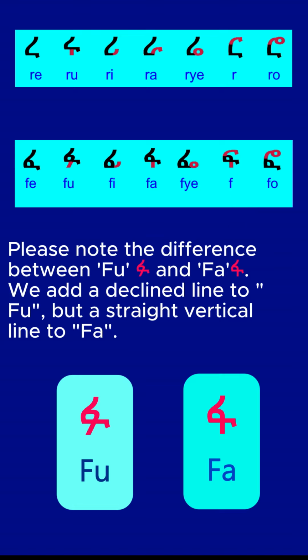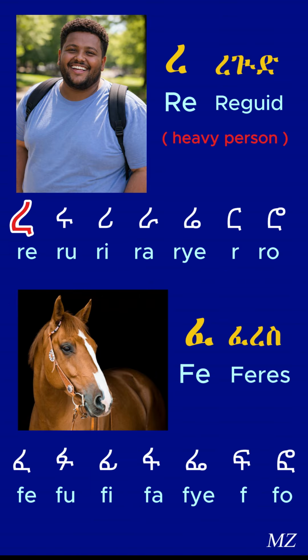We add a declined line to Fu, but a straight vertical line to Fa. Re, Ru, Ri, Ra, Re, Re, Ro, Fe, Fu, Fi, Fa, Fie, F, Fo.